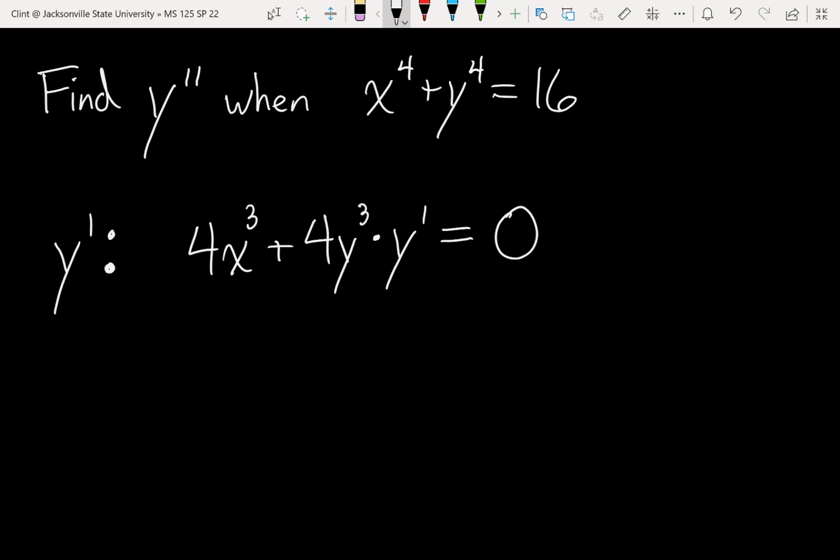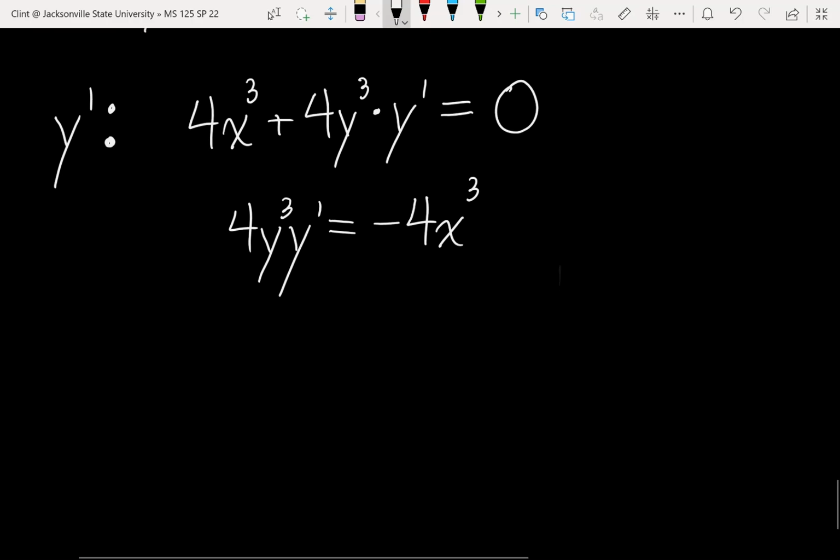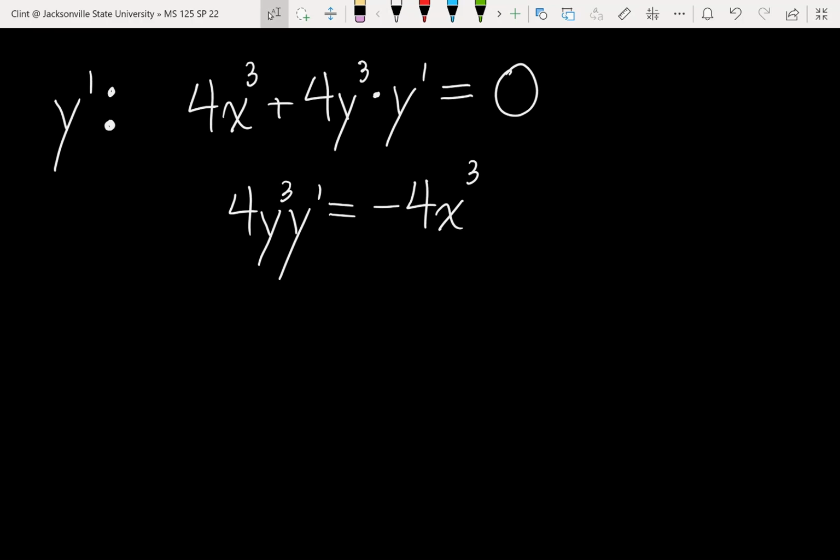And then we want to solve for y prime. So 4y to the third times y prime is negative 4x to the third. Then we divide by 4y to the third.